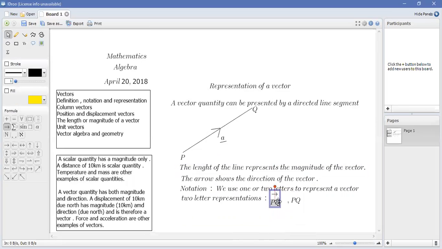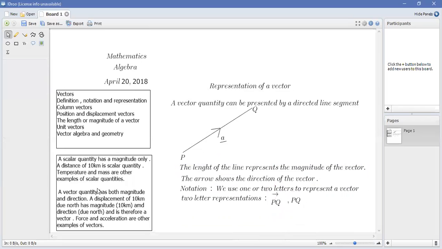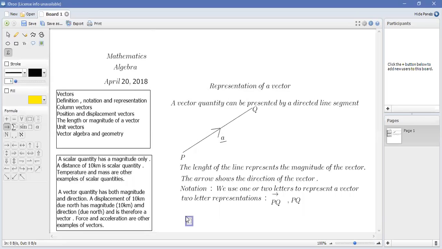That goes to the two-letter system. So the one letter now is like what I was showing you right here. So let's write that in the notes. The one-letter representations: use A with a dash, or you can use A without the dash.